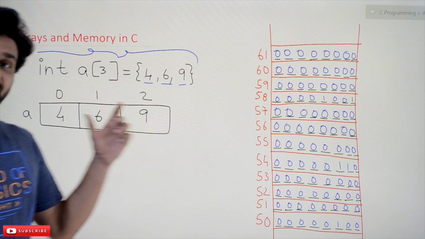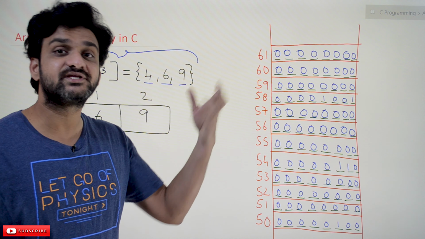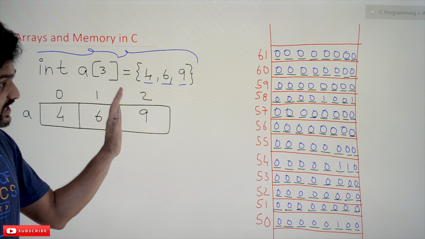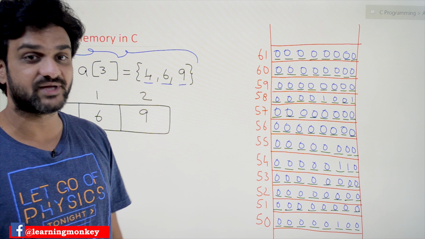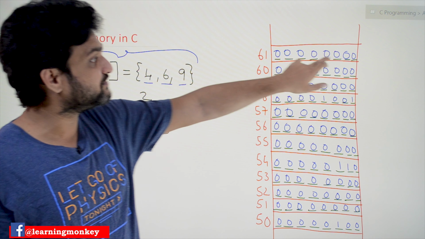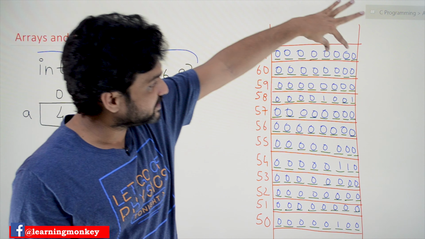Now this is the kind of visualization that we had, but in reality how will this visualization of the array get stored in the memory? So this is how the things will get stored in the memory. This is a memory where each memory location of 1 byte has 8 bits.